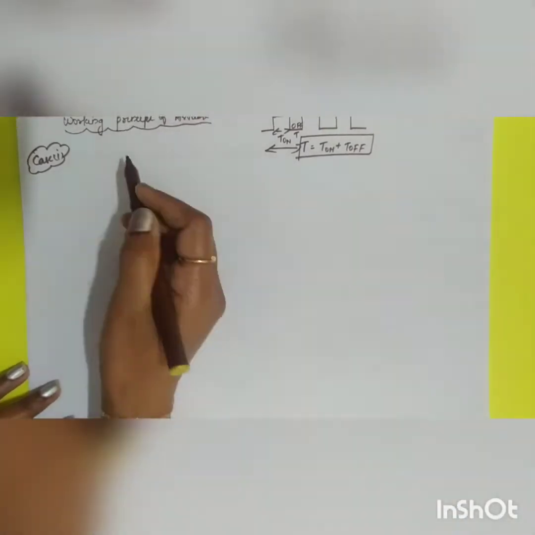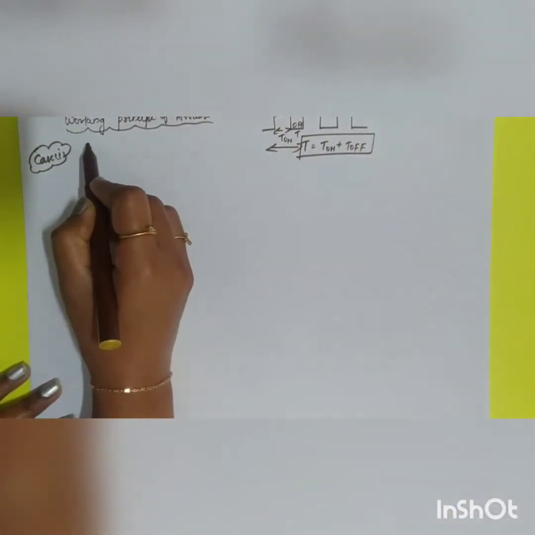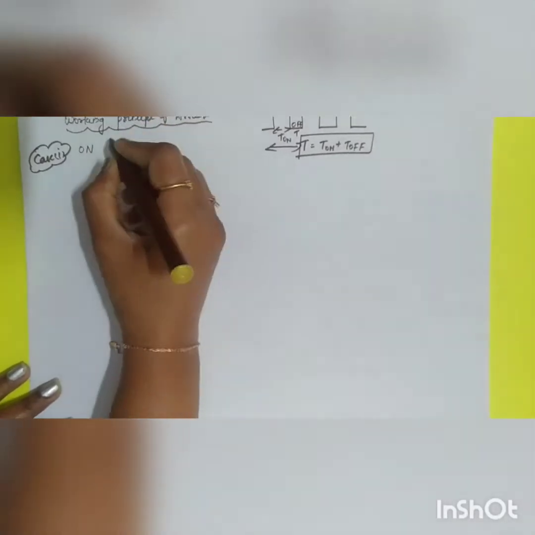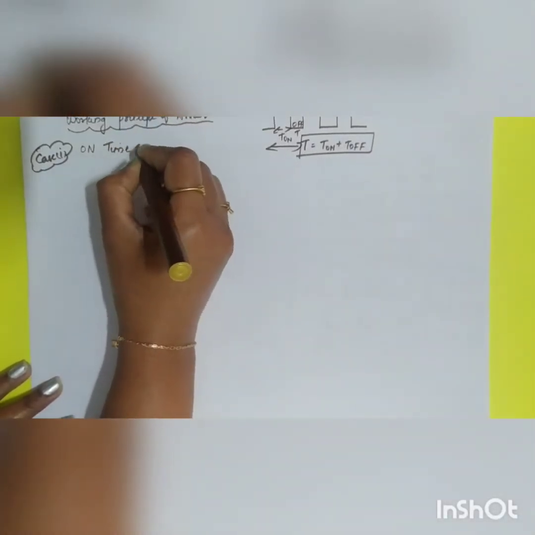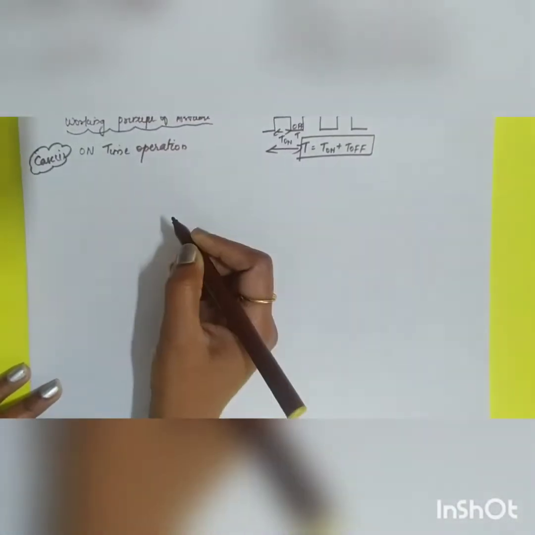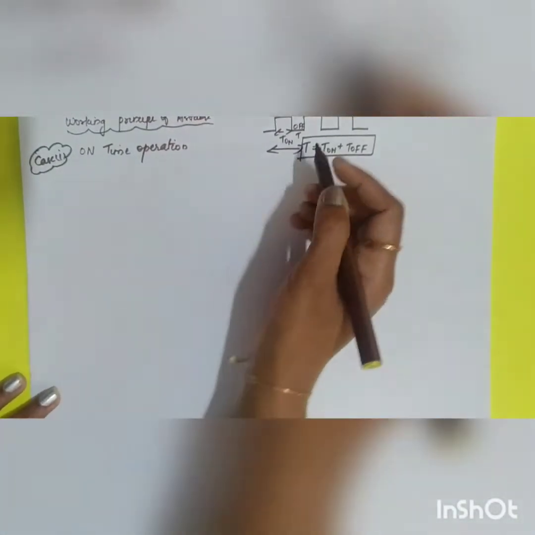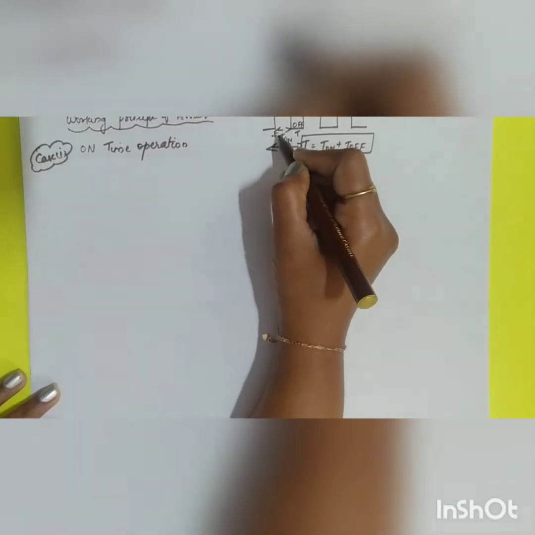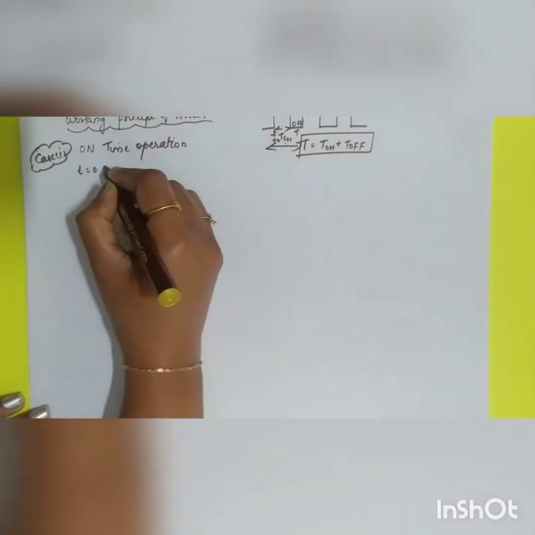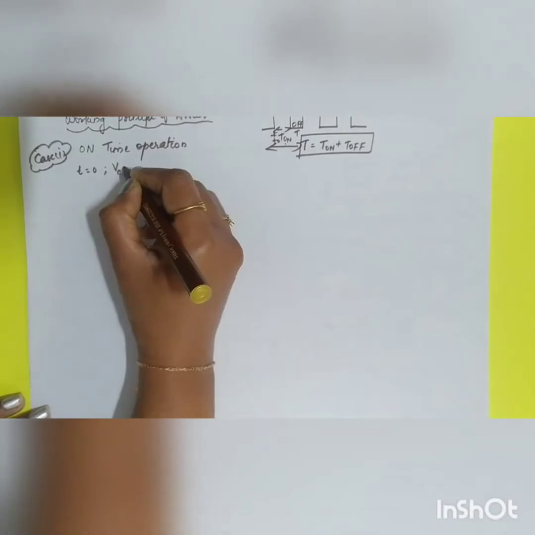So let us consider case 1, the derivation, that is, the working principle of your T on condition. So first condition is on time operation. Let us assume that initially at time T0, you are assuming that at time T is equal to 0, your capacitor voltage is equal to 0.